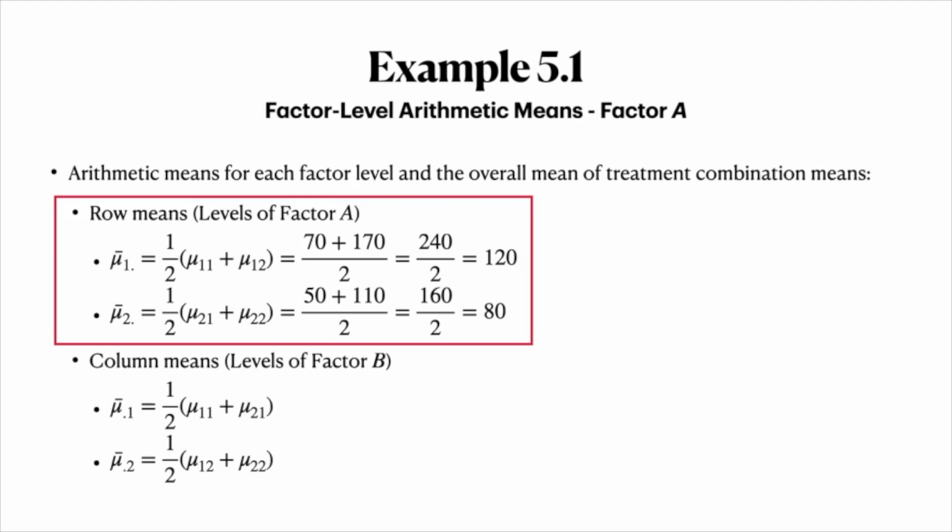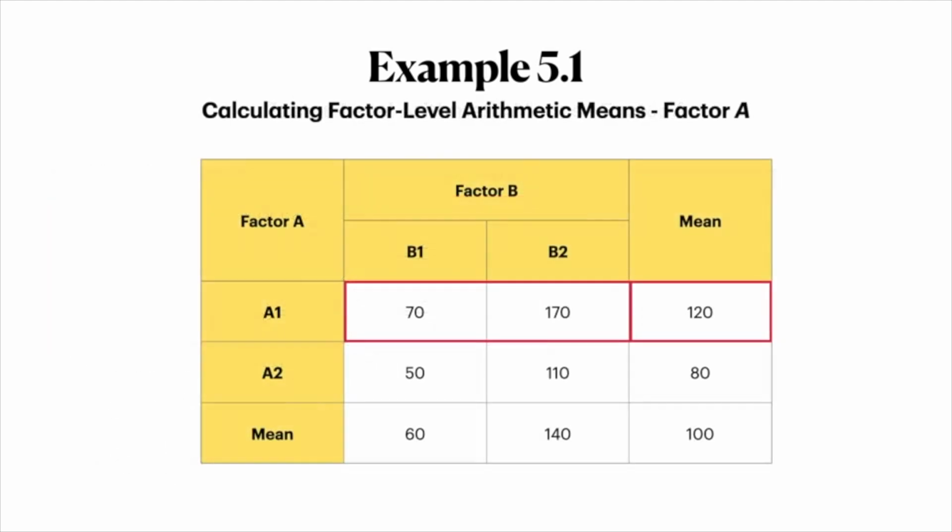Mu bar 2 dot is the mean of the treatment combinations that have the second level of factor A. It's the mean of the values in the second row of the table. Those treatment combination means are 50 and 110, and when averaged together, we get 80. All right, and so here we see the two calculations.